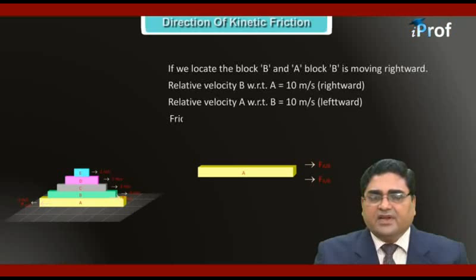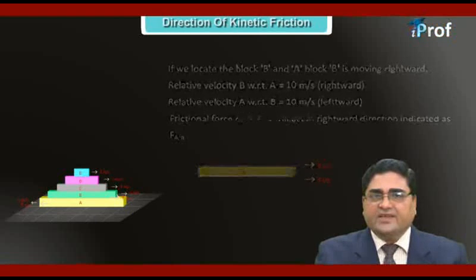Since block B is moving rightward with respect to block A, block A will have a tendency to decrease the speed of block B. So frictional force on B due to A will act in leftward direction, indicated as FBA, and similarly frictional force on A due to B will act in rightward direction, indicated as FAB.